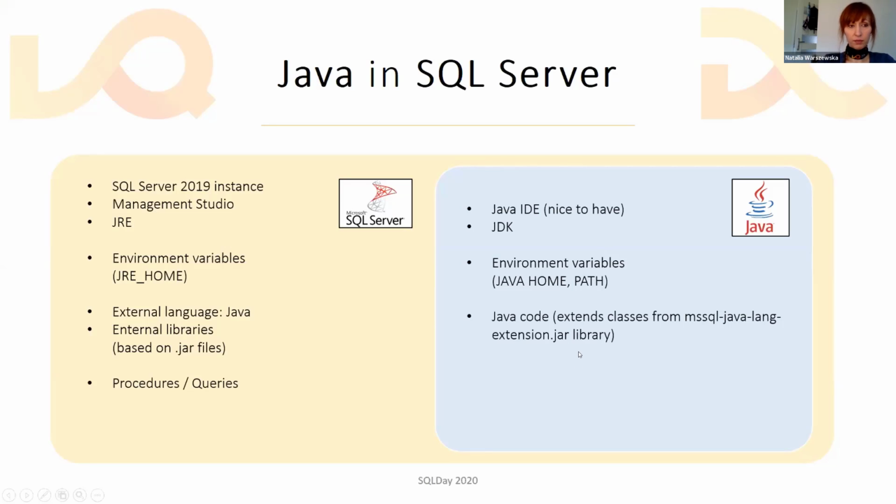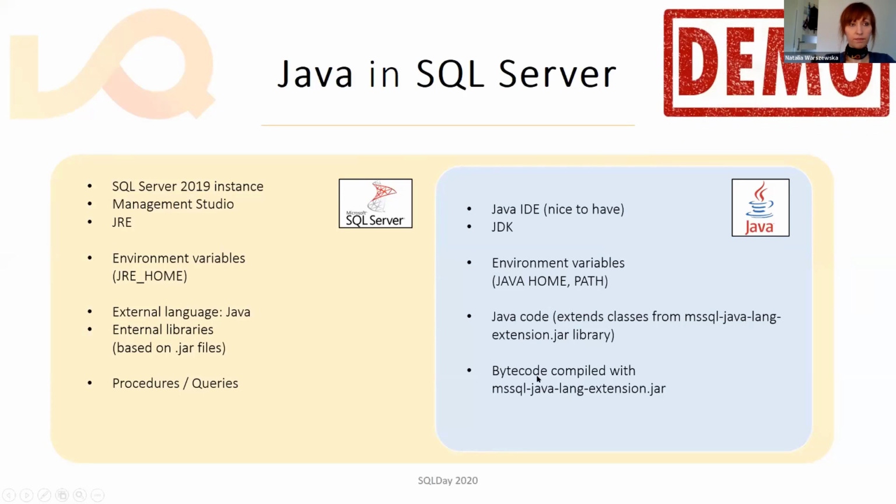But during the preparation, it is necessary to take one of the libraries provided by SQL Server and use it in your code. So you're extending the code provided by the library and adding your own plugins and your own calculations, which will be dedicated to the example. After having the Java code, you prepare bytecode and then jar files.